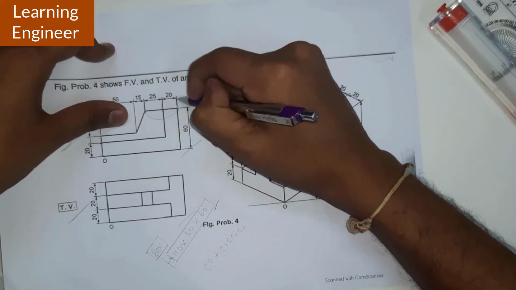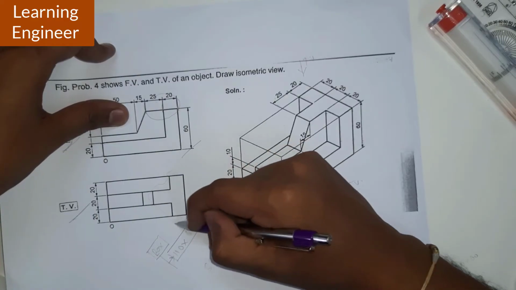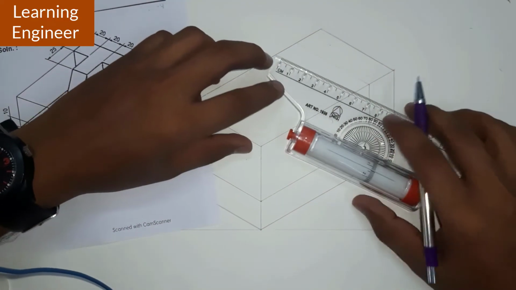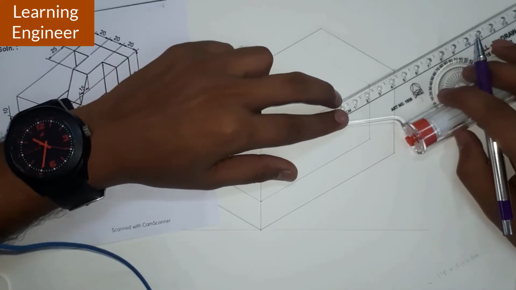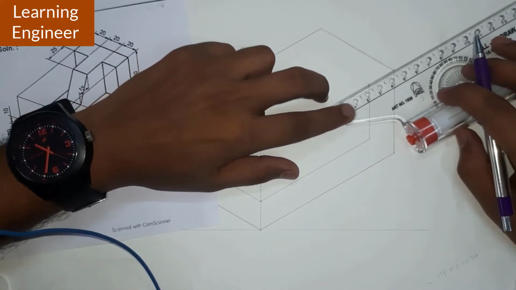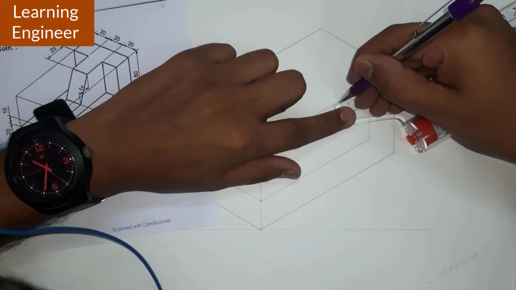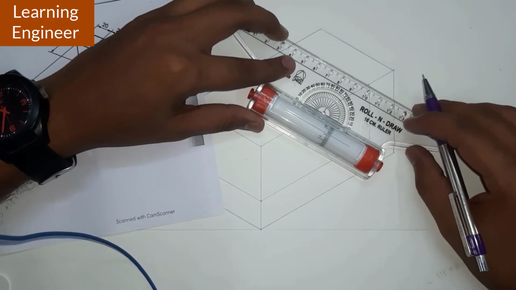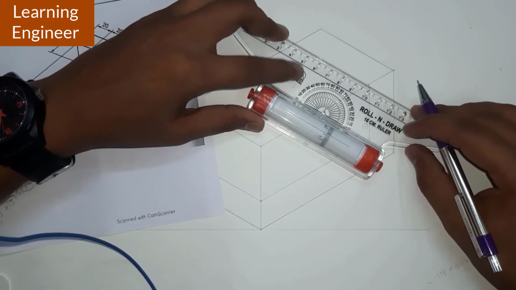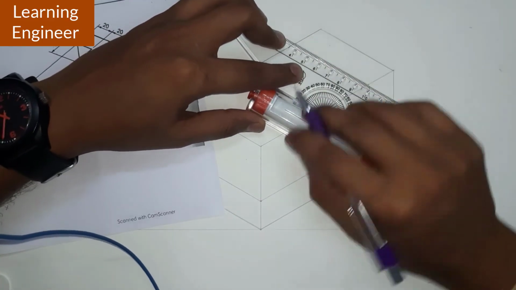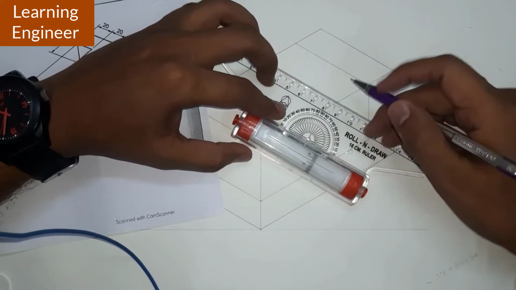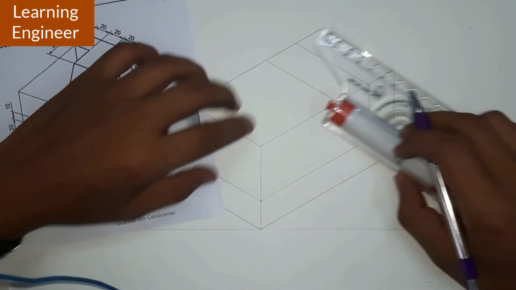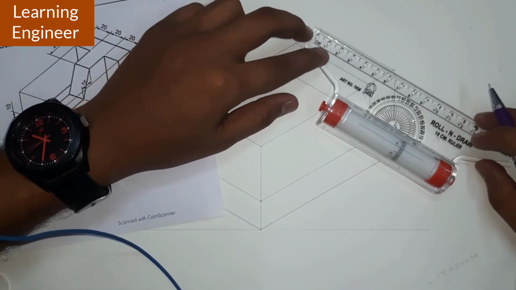We are talking about this particular object, this particular T, for the time being. So let us mark 25 mm from over here. Now after this I will be marking 20 mm.